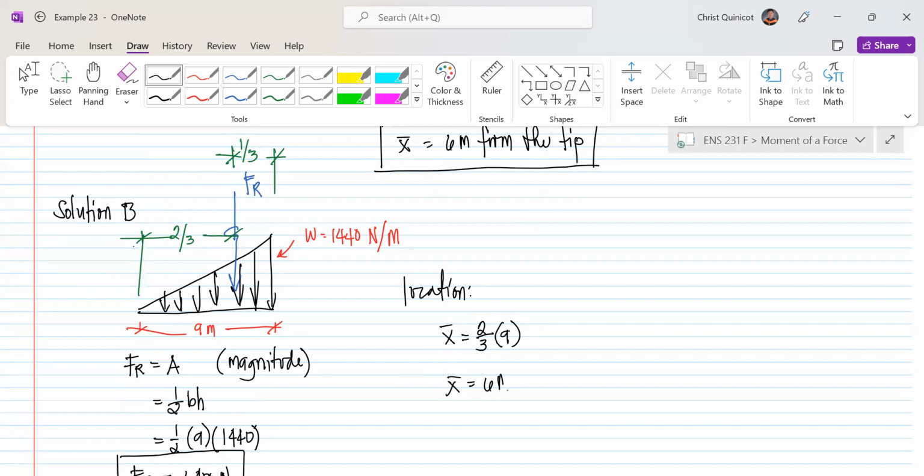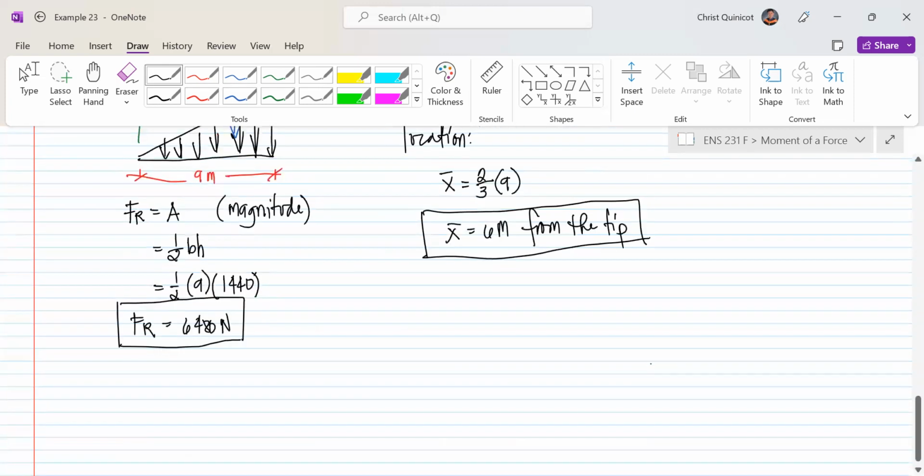This is 6 meters from the tip. If you want, you can also measure it from the back end. You just have to multiply 9 with 1/3, so the resulting x would be 3 meters from the back.